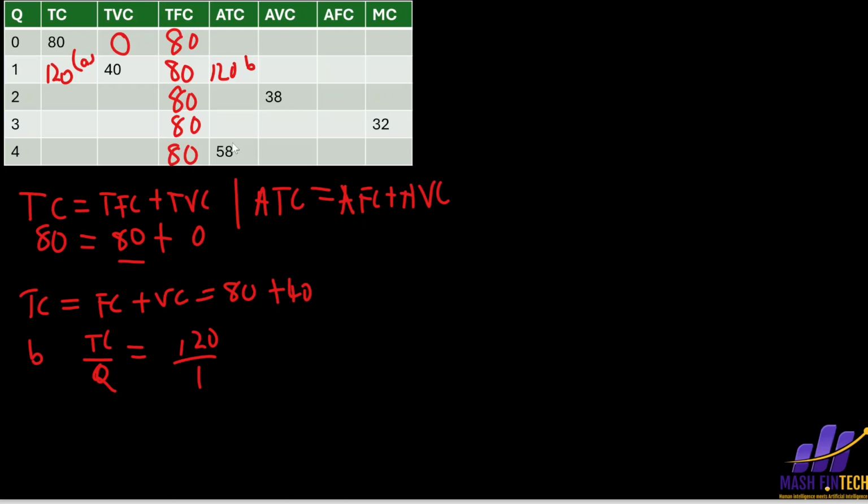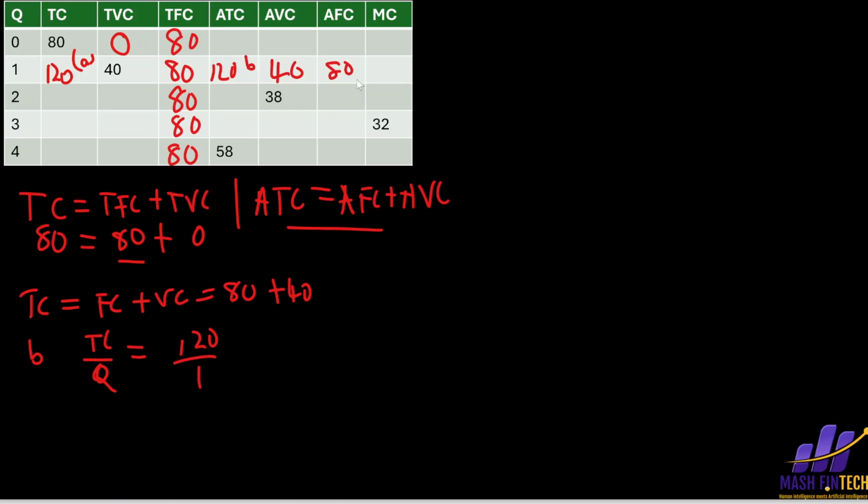We can use it when we come here. The average variable cost is simply the variable cost over the quantity, 40 over 1, which is 40. So to get the average fixed cost based on this formula, you simply say 120 minus 40. You get an average fixed cost of 80.